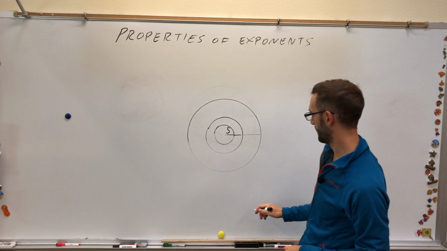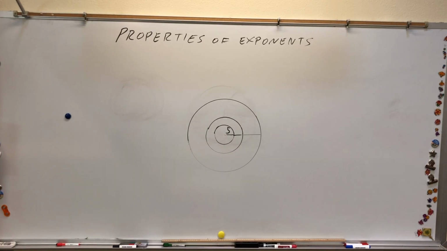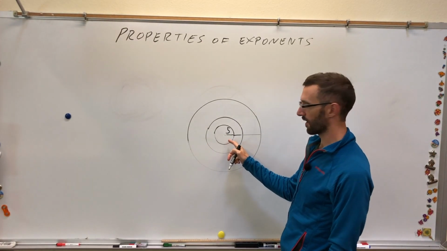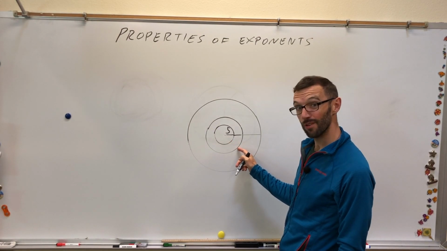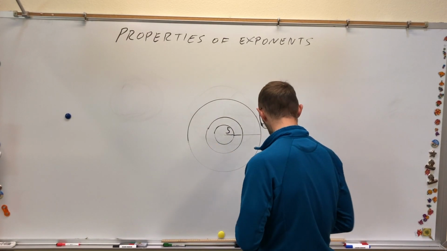There we go. Let me just double check that that's visible. It's a little lighter, but you can see it down here. So here's our circle. This is doubled the radius. This is doubled the double. Let's keep this train rolling.